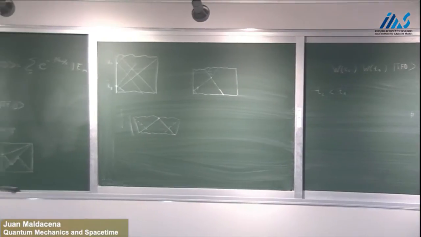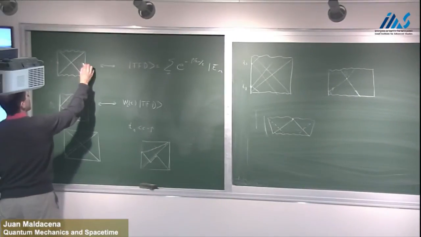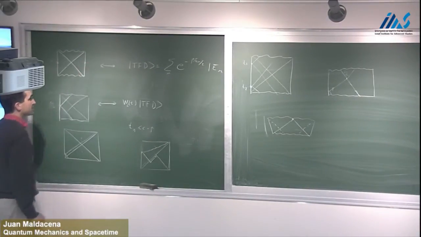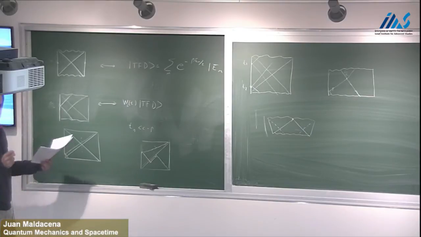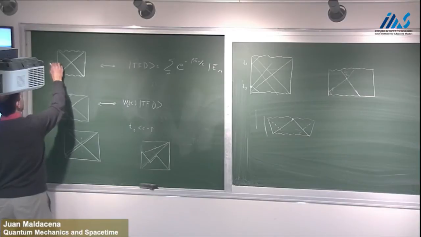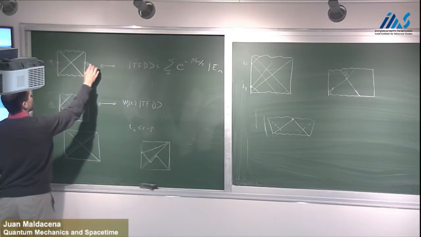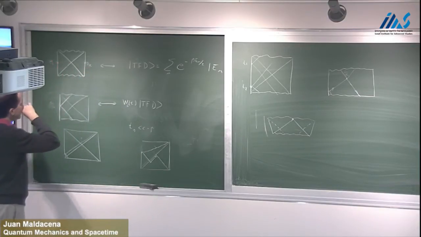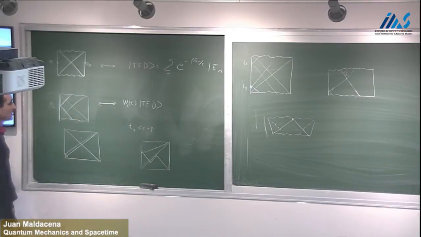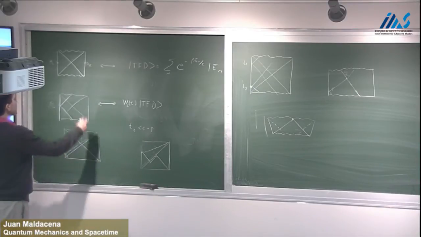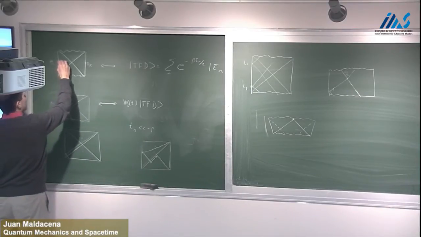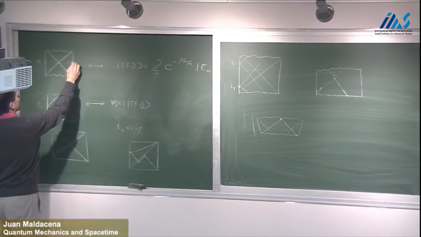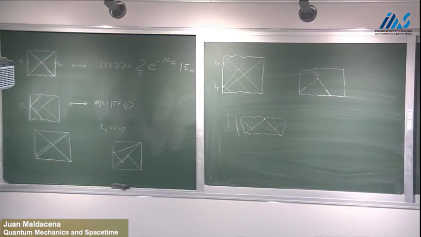Okay, second point is that this has the following consequence. Imagine that we are trying to compute the correlation function between two operators inserted on the two boundaries, right? So we have an operator O left and an operator O right. Let's say this operator has a dual which is a massive particle, then its correlation function is going to be given by a geodesic that goes this way.